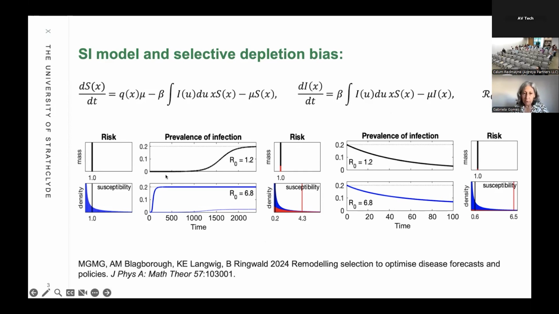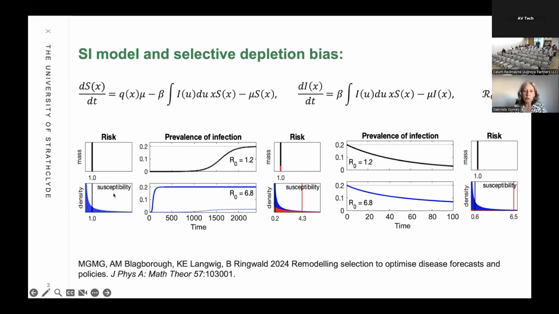What we find with these models is that if it is an infection that is just invading a population, with the homogeneous model, if we assume variance 0 for the susceptibility distribution, we have infection propagating in the population in this toy model.